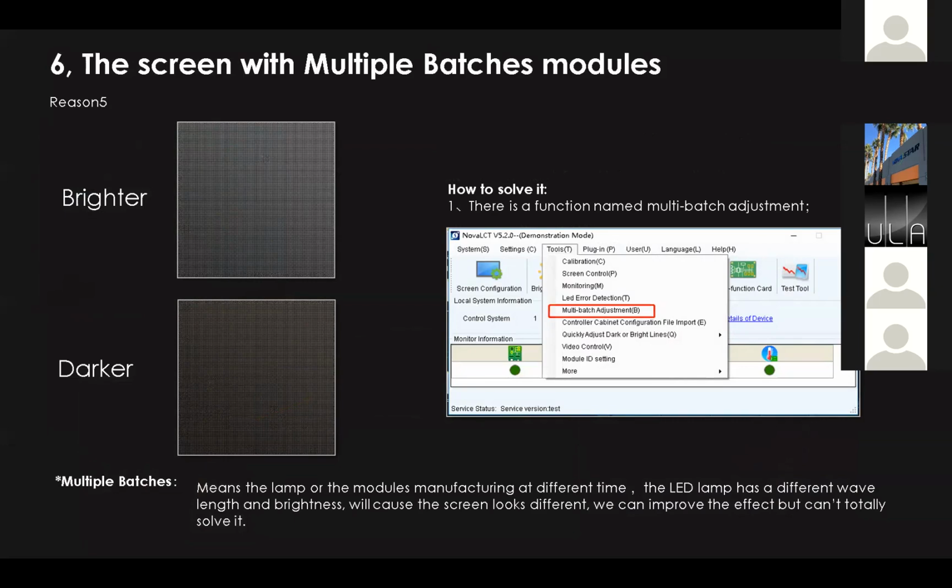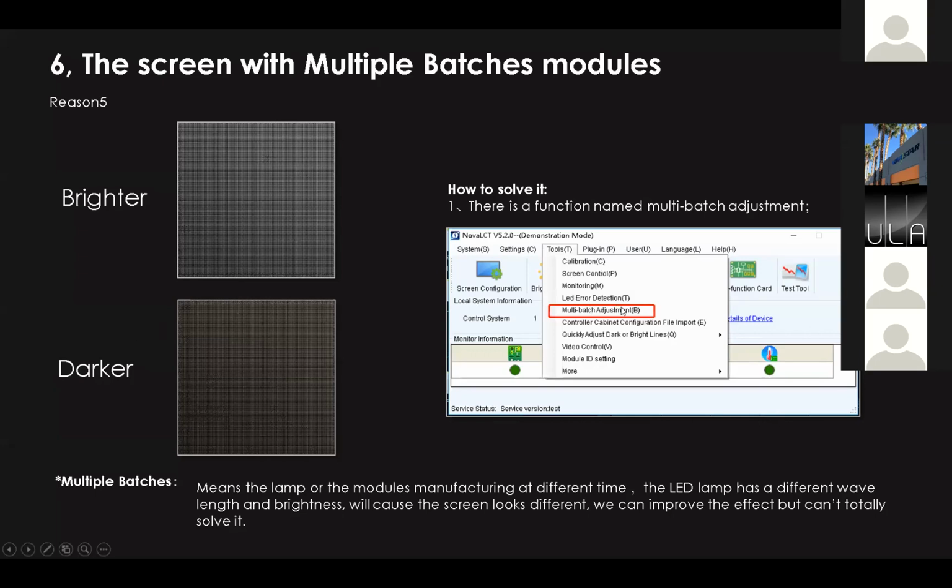And the last possible reason is if the screen is from different batches, then it is for sure that you have different brightness. It is hard to fix this different batch issue. But we can try to improve the screen effect with the multi-batch adjustment function, or with the adjust coefficient function, in our software tools.